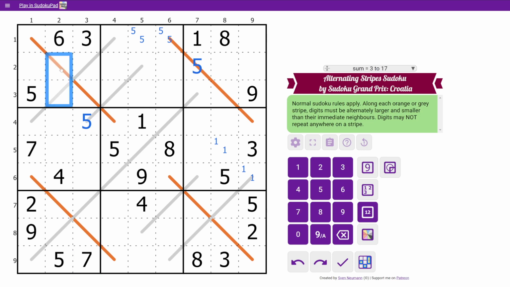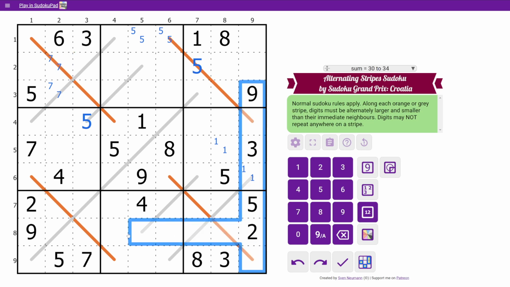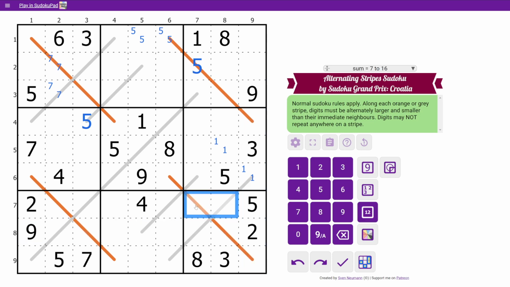Sevens are going to give me a 7 here somewhere. Nine is going to give me a 9 in one of these. Eight is going to be in one of these.